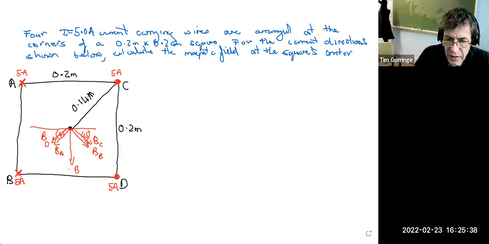So now we know the direction of the resulting magnetic field. I'll call it BR. Let's see if we can figure out the size of the resulting magnetic field.